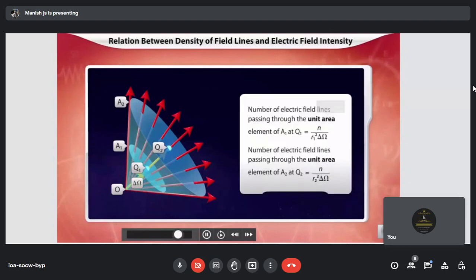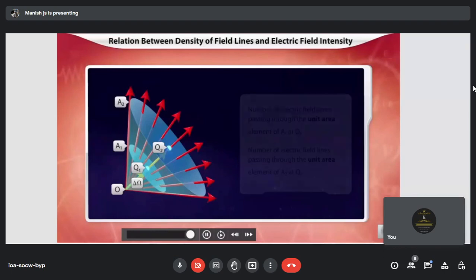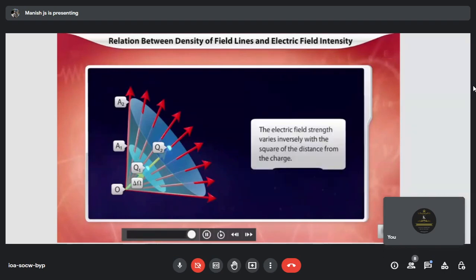To circumvent this problem, we compute the electric field lines passing per unit area element at Q1 and Q2 as follows. Note that the number of field lines N and the solid angle delta omega are the same in both expressions. Thus, we can clearly see that the electric field strength varies inversely with the square of the distance from the charge.